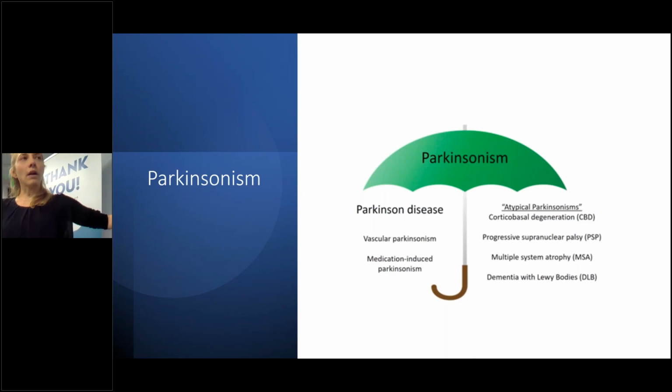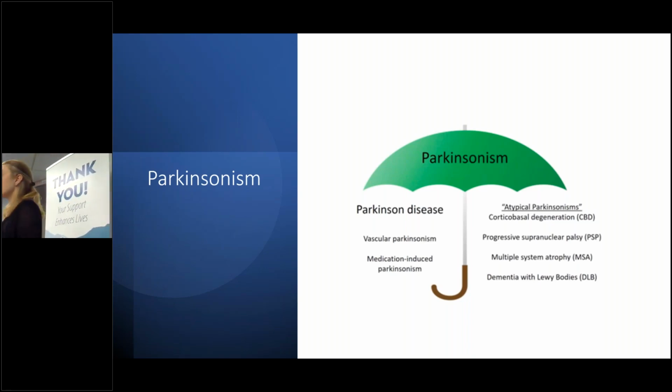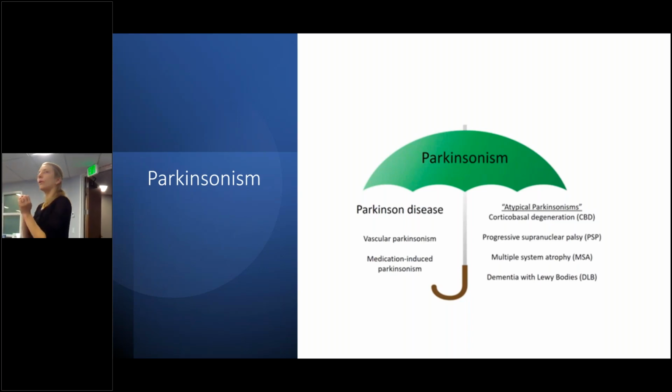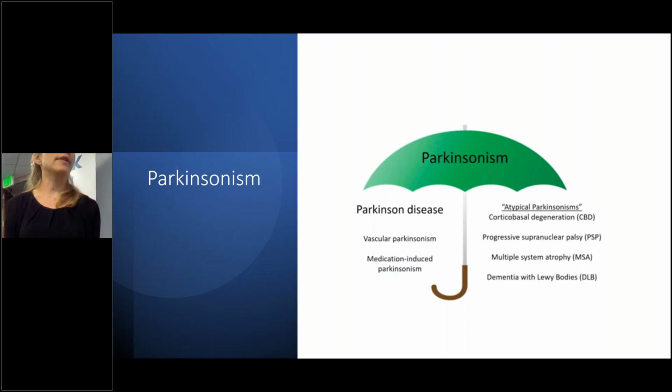Under that umbrella, the most common is Parkinson's disease, okay, which is what we call the typical. And then there's the atypicals, such as corticobasal degeneration, progressive supranuclear palsy, multiple system atrophy, dementia with Lewy bodies, and some others, vascular Parkinsonism and medication-induced Parkinsonism.